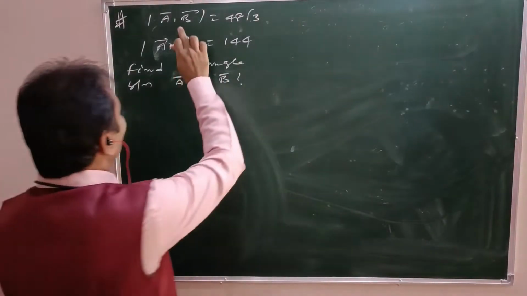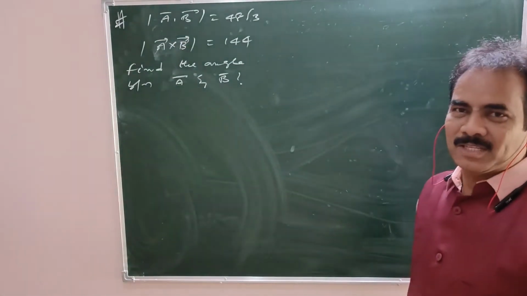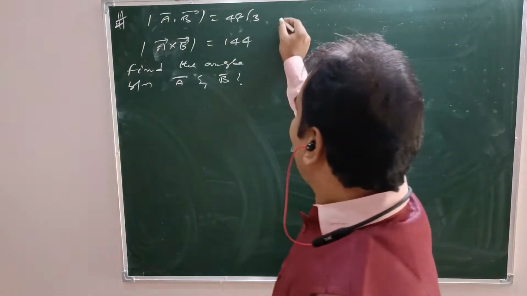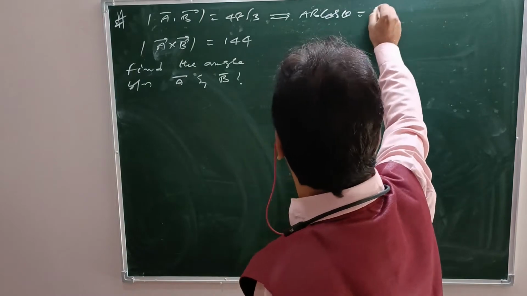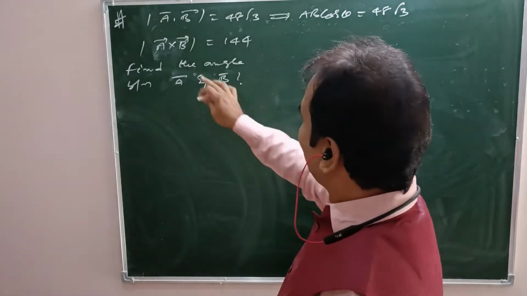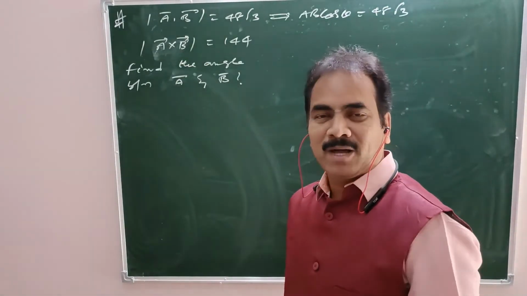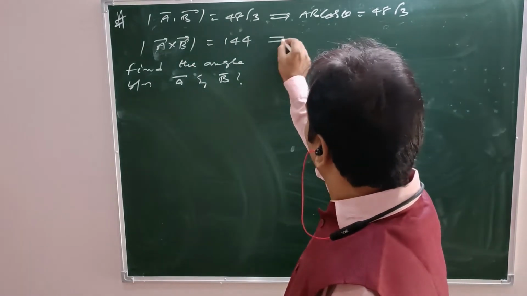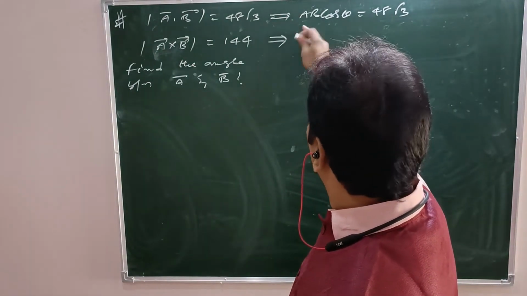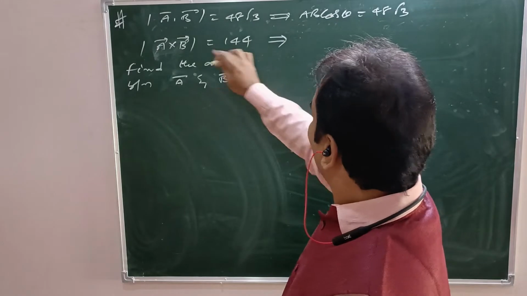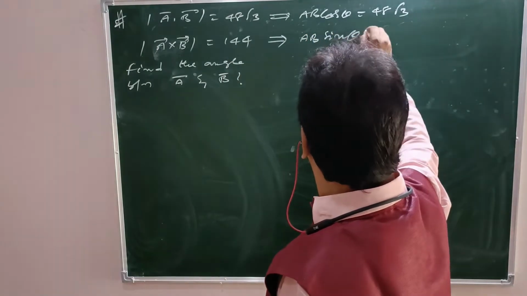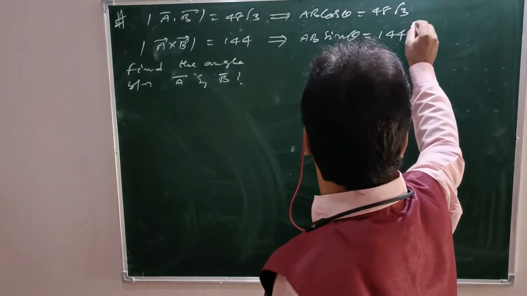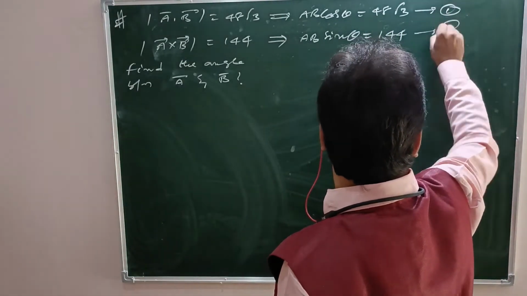Now see, mod A bar dot B bar means AB cos theta. AB cos theta equal to 48 root 3. Now see, mod A bar cross B bar means AB sin theta. By definition itself, both can be written like that. Mod A bar cross B bar equal to AB sin theta equal to 144. Number 1, here it is number 2.